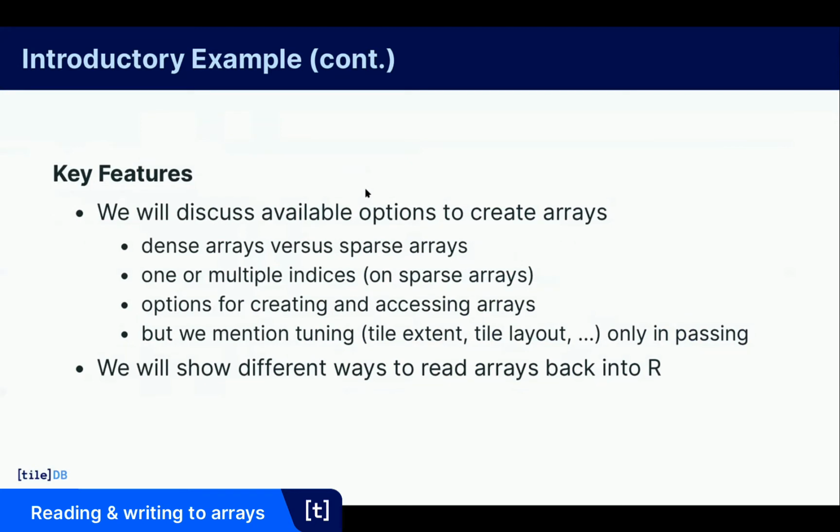What we will look into a little closer in the coming minutes is differences between dense and sparse arrays, and when we might want the one or the other, how to operate with indices, a feature that requires sparse rather than dense arrays. But we won't really talk about some of the available tuning options, the tile extent, the layout today. That's for a second tutorial.